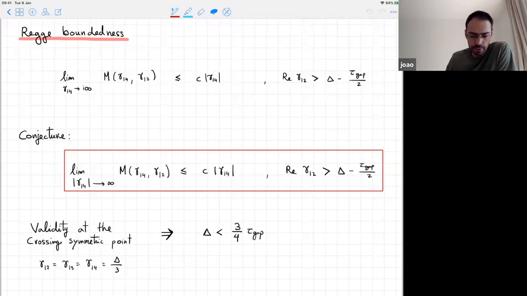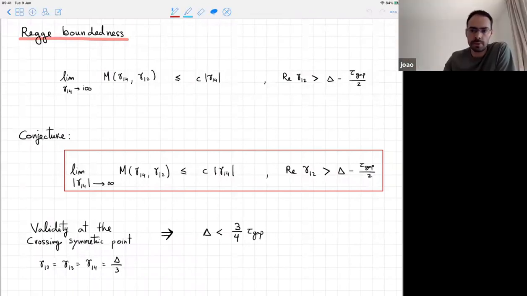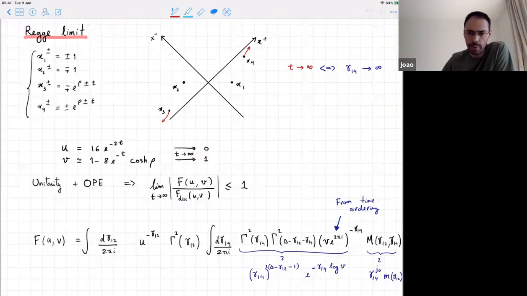No, they follow from this condition. So Polyakov condition, as I said, is really the fact that there is no new operator precisely with respect to delta. So it's just a generic expectation of the spectrum that if you have the two particle states that accumulate, the double twist operators that accumulate, there's nothing else there. This Regge boundedness requires unitarity and OPE.